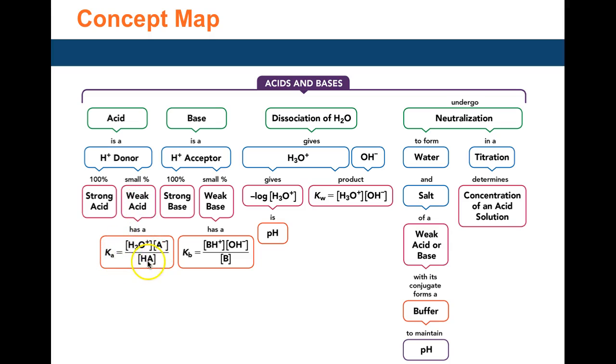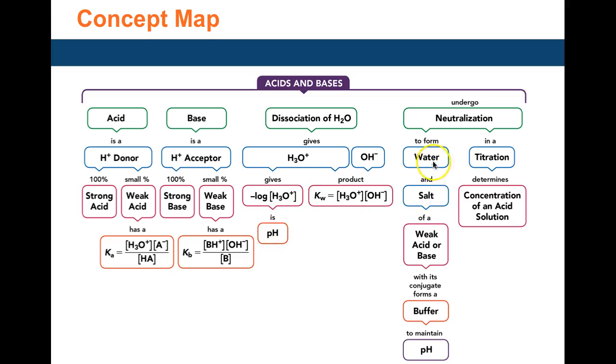We derived the Ka expression, which always takes the form of H3O plus times its conjugate base divided by acid concentration. And then using this Ka expression, we derive the expression for the self-ionization of water. And then from it, the pH.